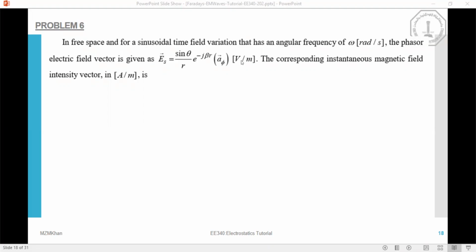So the electric field is given to me, and look at it. This is which coordinate system? This is the spherical coordinate system. And then we need to find the corresponding instantaneous magnetic field intensity vector.